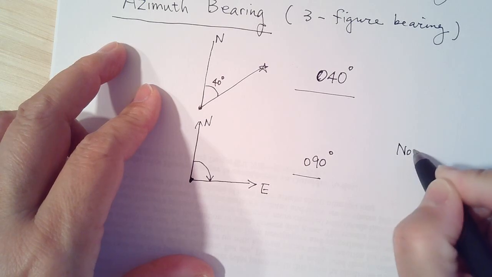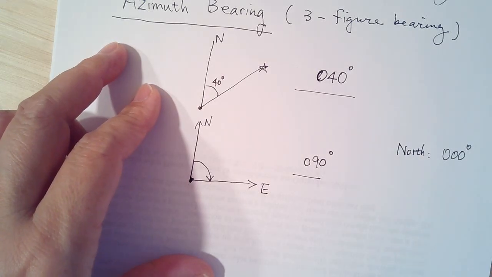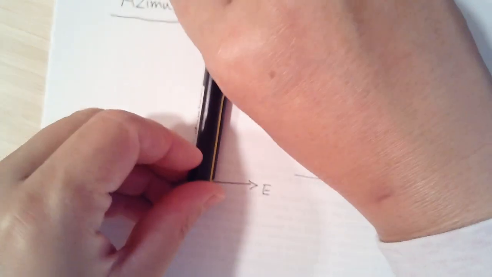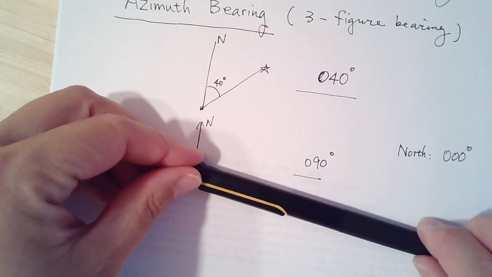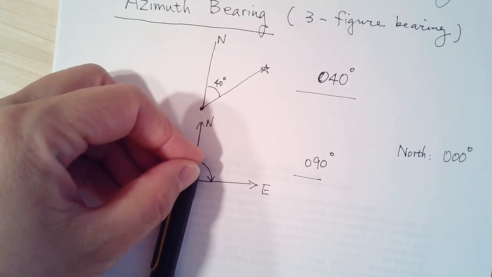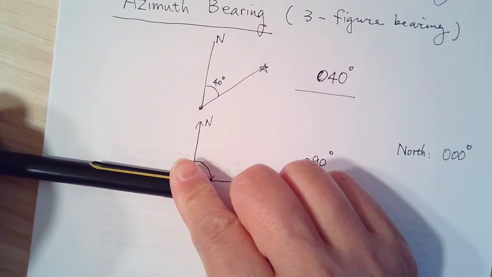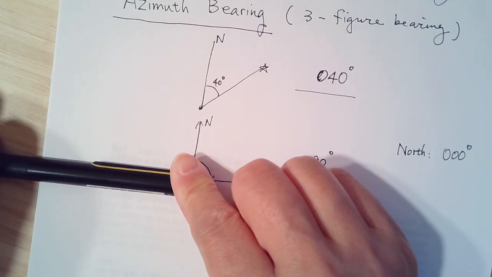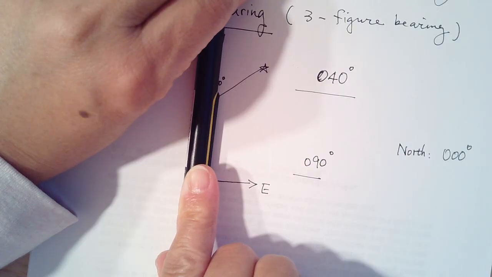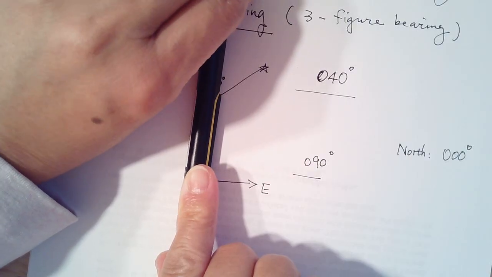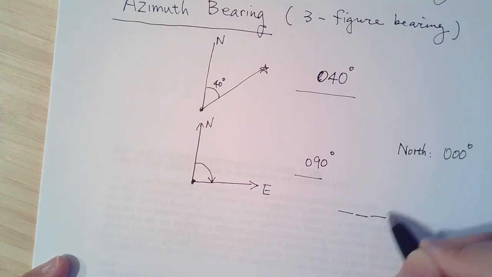North is exactly 0, 0, 0. And then east, 0, 9, 0. South, 180 degrees. And then west, move again, that's 270 degrees. And then when you go back, don't tell me 360. 0, 0, 0. So this is a three-figure bearing.